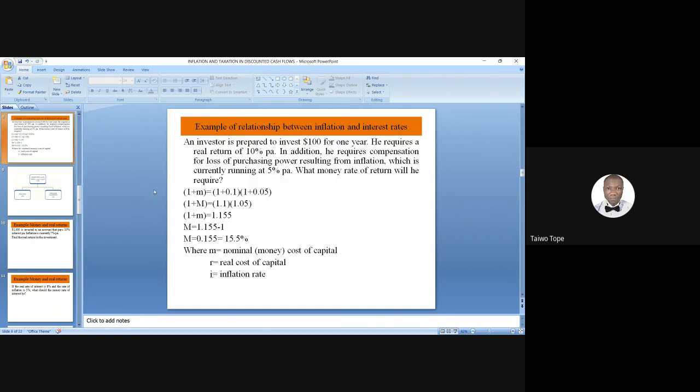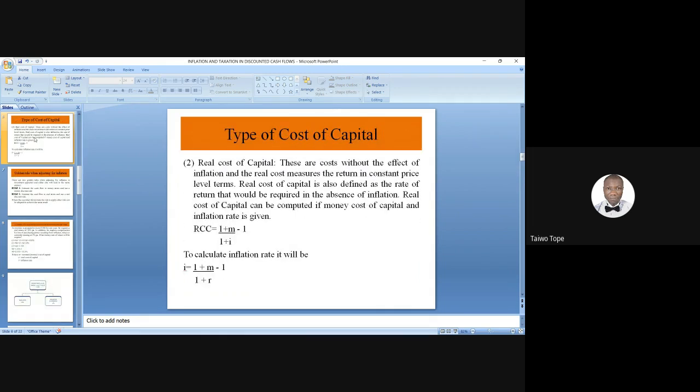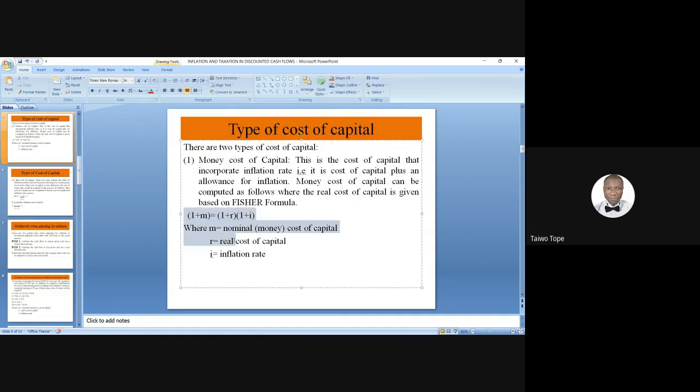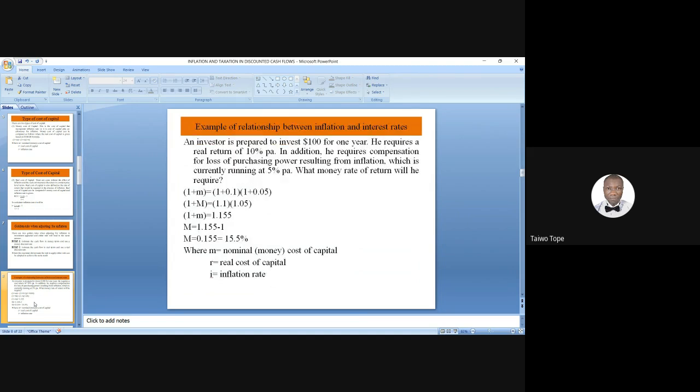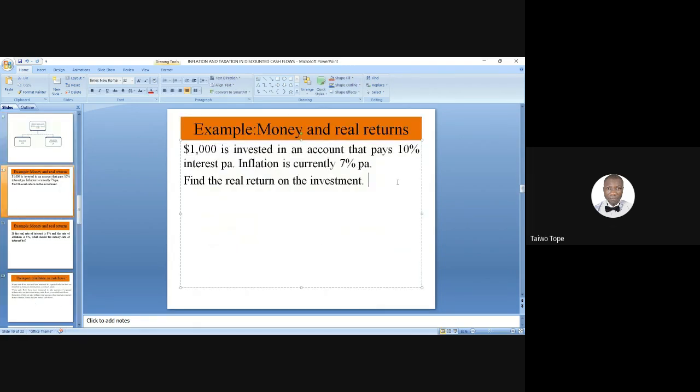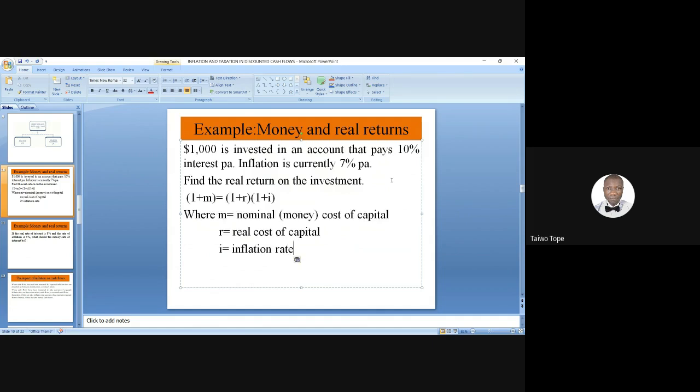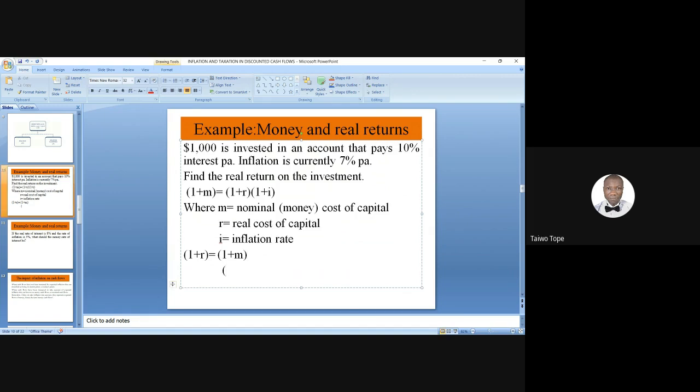We'll still come back to this formula to determine the real return on investment. That is the real cost of capital. For us to determine that, just work with this formula. So to determine the real return on investments, from this formula, you can make your R the subject of the formula. You can have it in this way: 1 plus R will be equal to 1 plus M, divided by 1 plus the inflation rate.